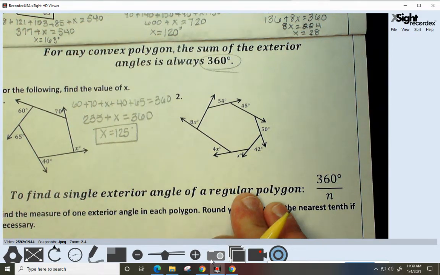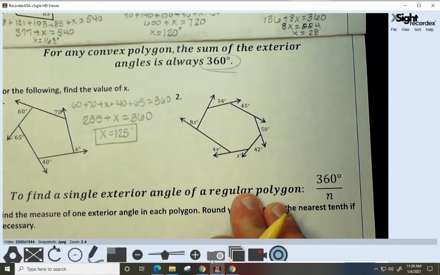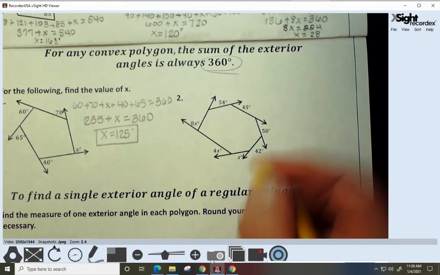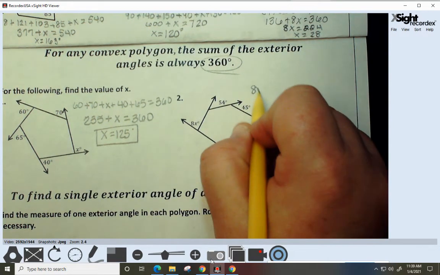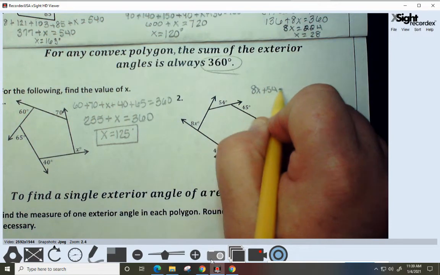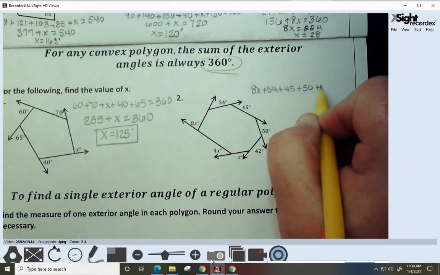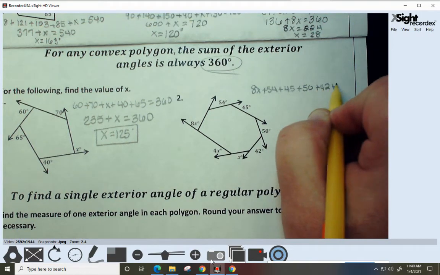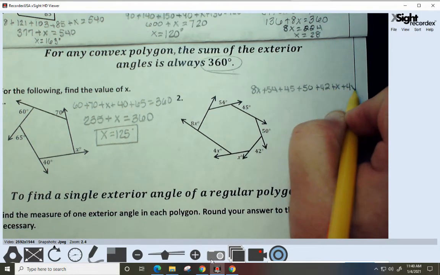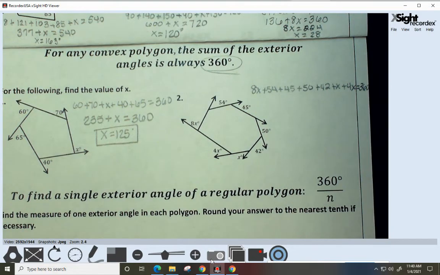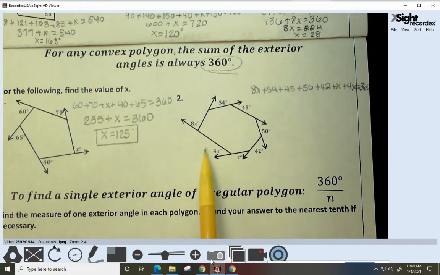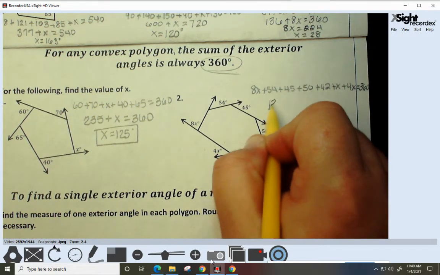And again, notice I've got more exterior angles on number 2. But again, I'm not going to be doing anything but setting them equal to 360 when I add them up. So I've got 8x plus 54 plus 45 plus 50 plus 42 plus x plus 4x is equal to 360 degrees. If I've got an 8x and another x, that's 9x, and 4 more makes 13x.